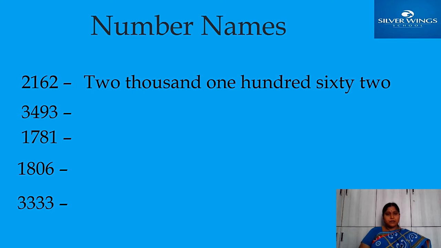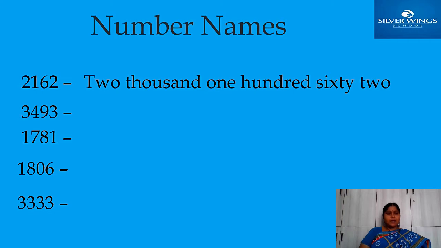See here the spelling: TWO 2, THOUSAND, ONE 1, HUNDRED, SIXTY 60, TWO 2. 2162.